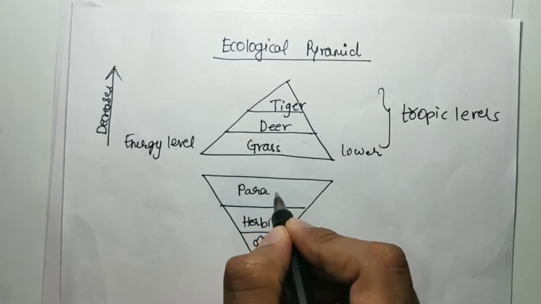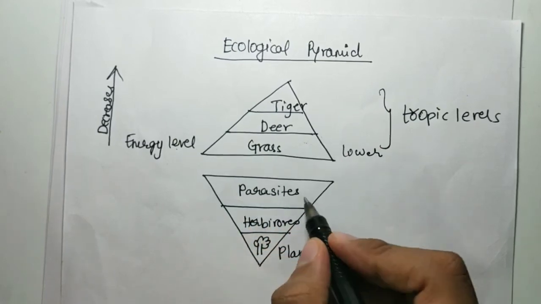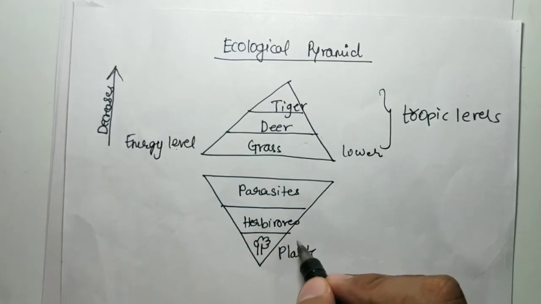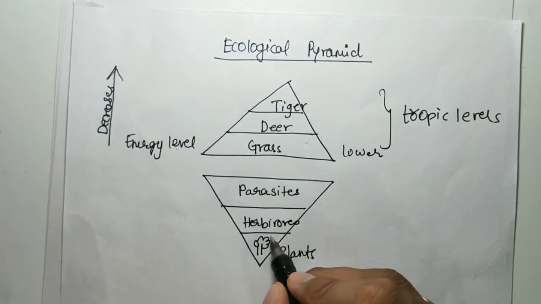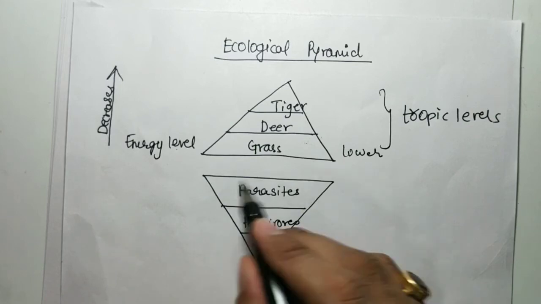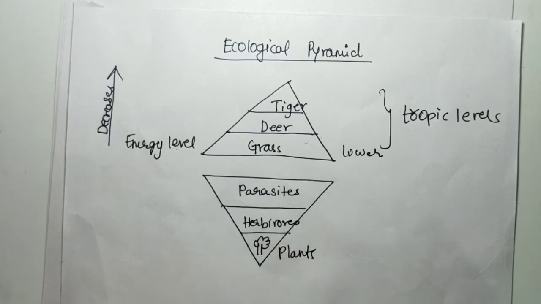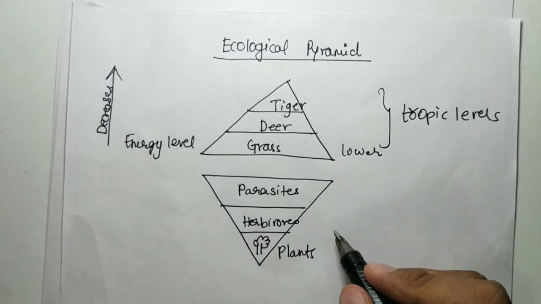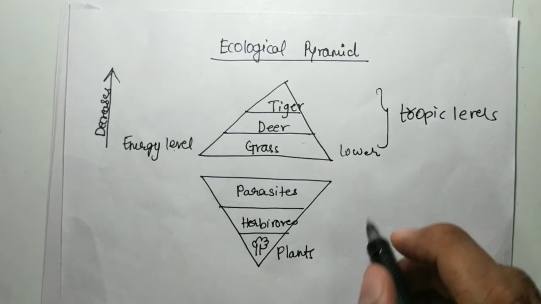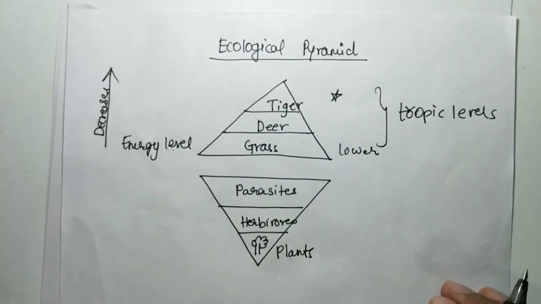Parasites, I will explain what they are, live on herbivores, and herbivores live on plants. So the plants are fewer, but the numbers of herbivores and parasites are more than plants. This is called an inverted pyramid. Although the normal pyramid is more important.